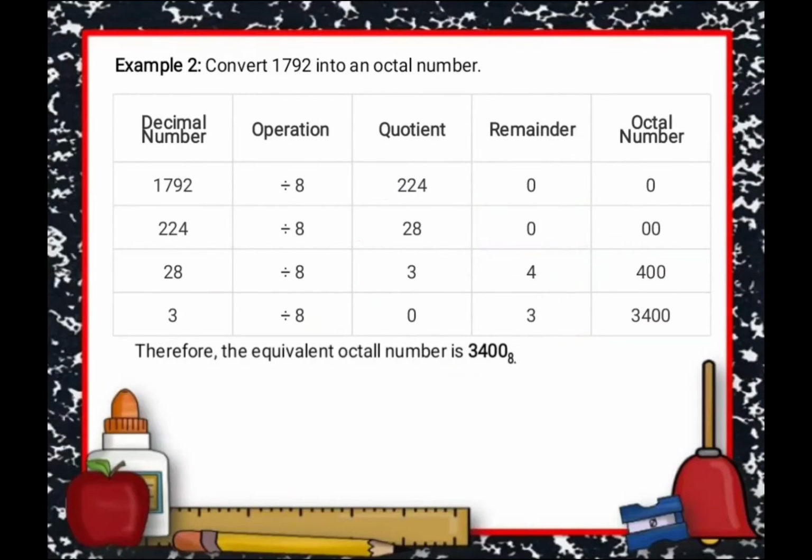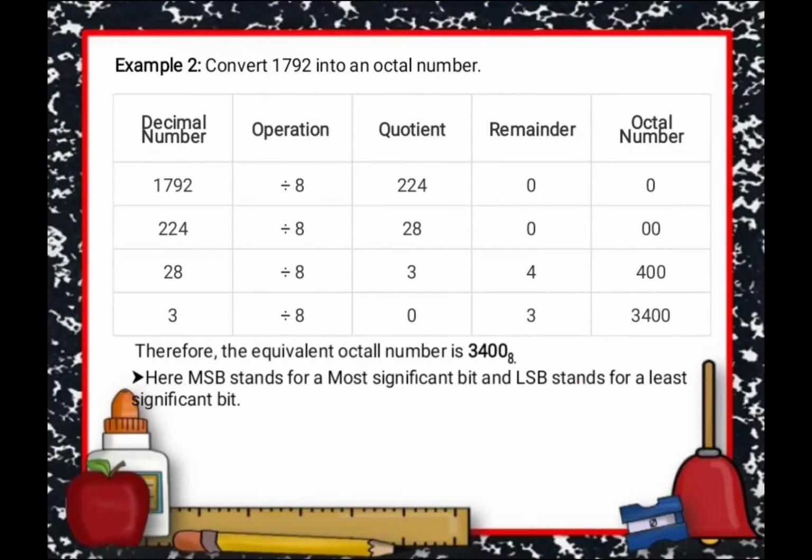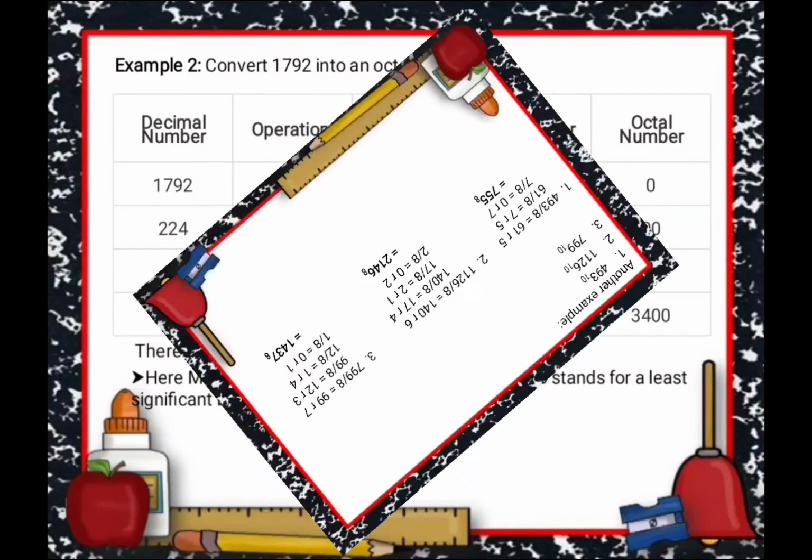Okay, so I will give you again another example. This is for you to fully understand how to convert decimal number to octal number. So here was what I've told you earlier. MSB stands for most significant bit and LSB stands for least significant bit.